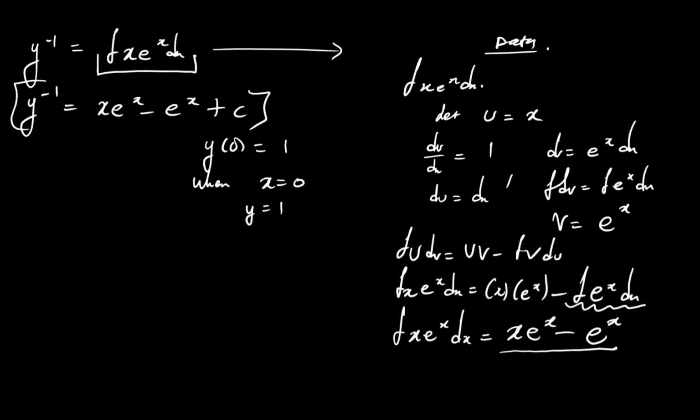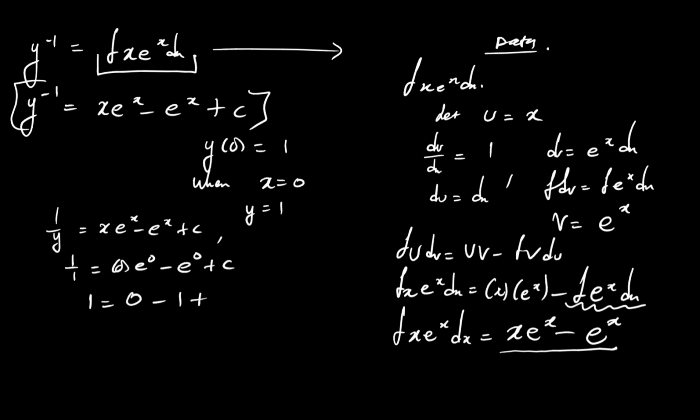So we have 1 over y equal to x e to the x minus e to the x plus c. So we have 1 over 1 being equal to, x is 0, e to the 0 minus e to the 0 plus c. So we have 1 being equal to 0 minus 1 plus c. The 1 can go the other side, and we have c being equal to 1 plus 1. Therefore c is 2. So you have 1 over y being equal to x e to the x minus e to the x plus 2.